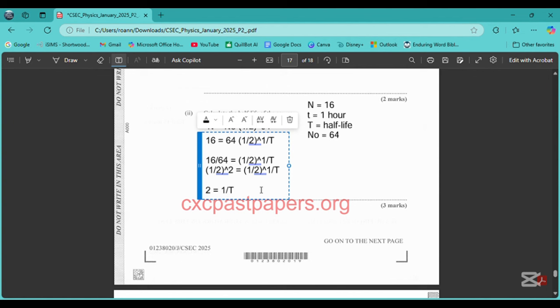Therefore, T would be equal to 1 over 2. So T would be equal to half the hour, which is the same as 30 minutes. So half of the hour, or 30 minutes.